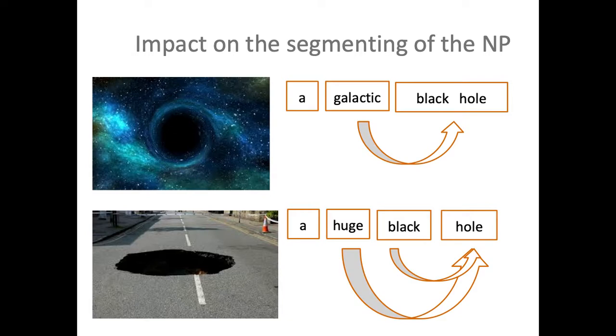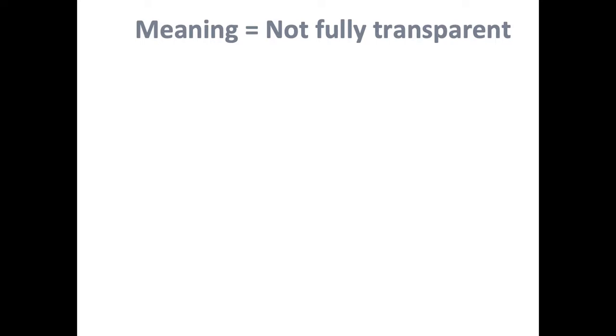Okay. Now, we talked about the meaning a little bit. Let's do so in a bit more detail. In the case of compounds, meaning has to be retrieved. It's not fully transparent. There's some kind of recomposition taking place. In French, we talk about renégociation du sens.